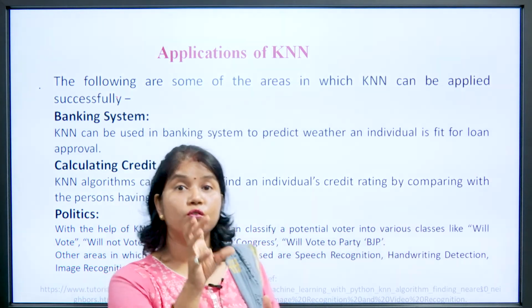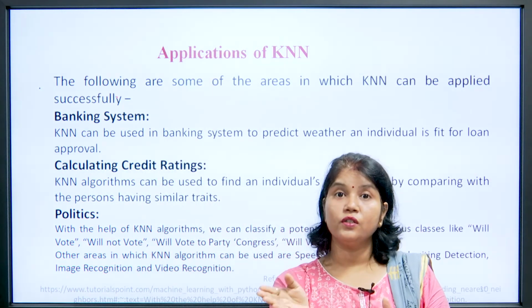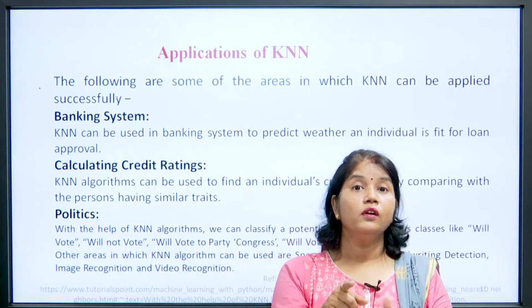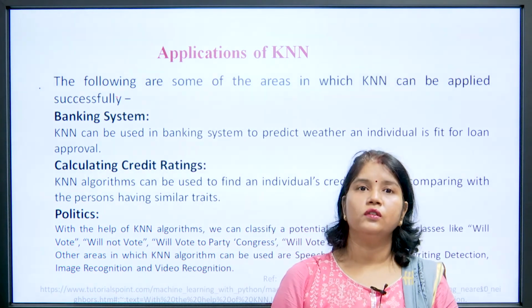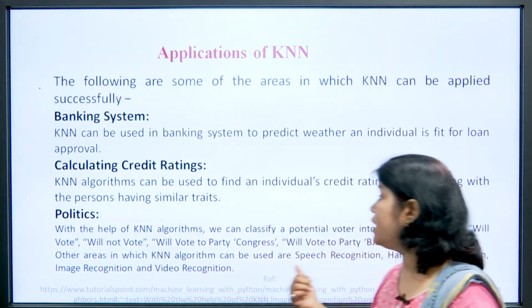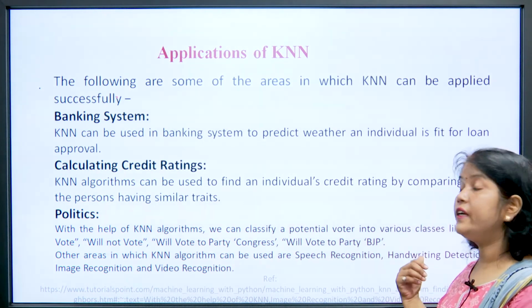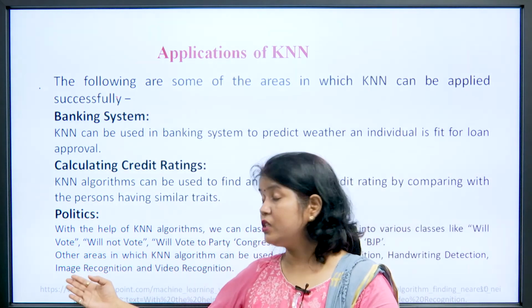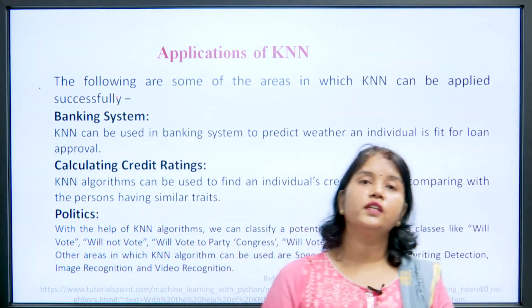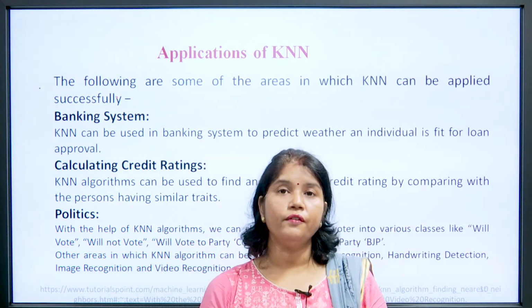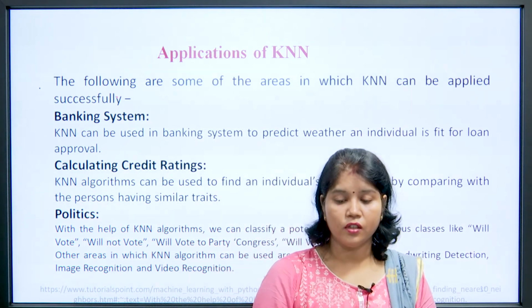So, you analyze whether a person will vote or not, and if they will vote, what the party would be. The KNN algorithm also works in other areas such as speech recognition, handwriting detection, image recognition and video recognition. So, in several areas, KNN algorithm works.